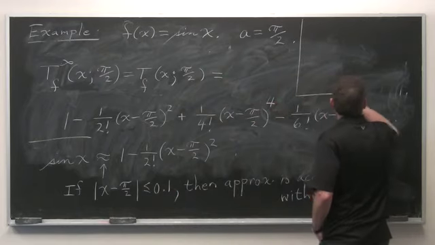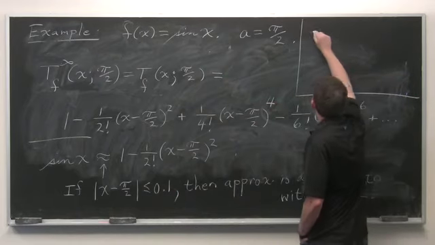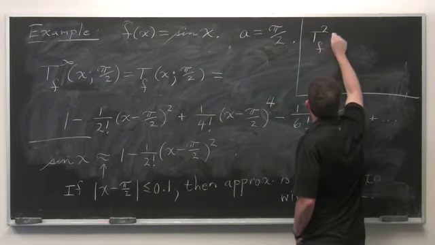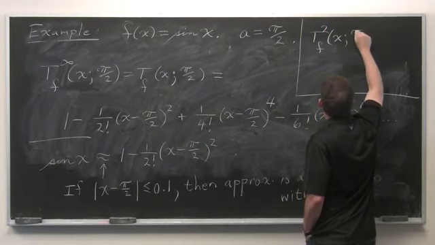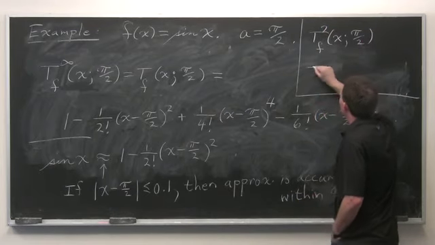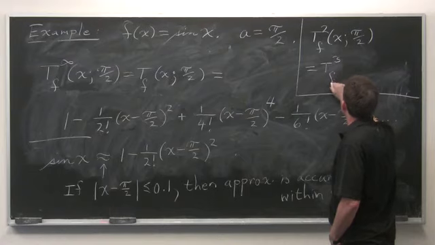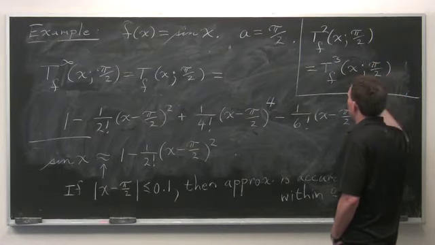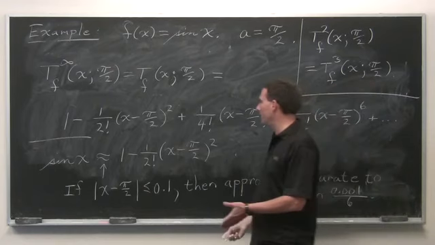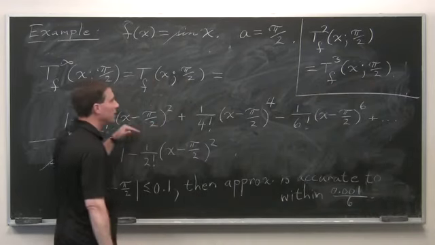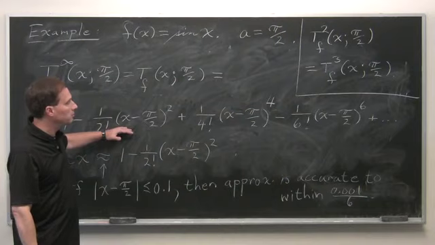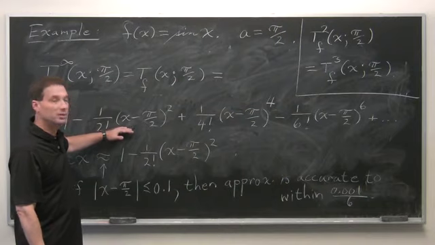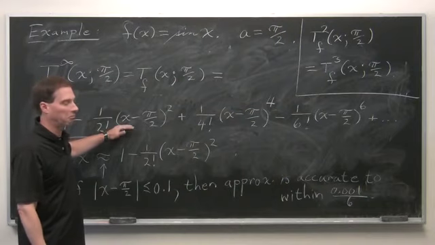Right, if you take, in this example, this is the same as this, because the third order one means you go out to the x cubed term, but it's got a 0 on it. So the third order Taylor polynomial and the second order Taylor polynomial are the same.